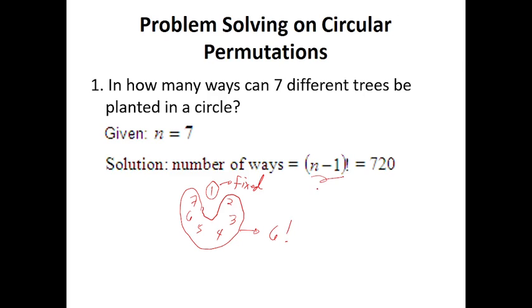So, kaya siya 7 minus 1 factorial. 6 factorial. Ibig sabihin, naka-fix yung isa, tapos yung 6, mapapermute. Okay? So, we take the factorial of the remaining. Okay? So, we have 6 factorial, that is 720. Okay? I hope you get it. No?